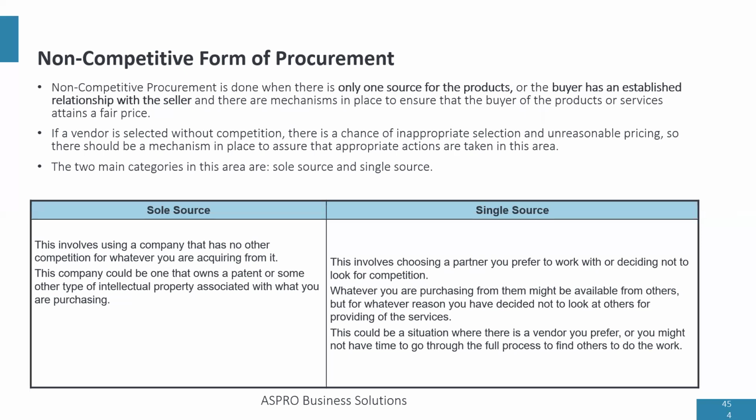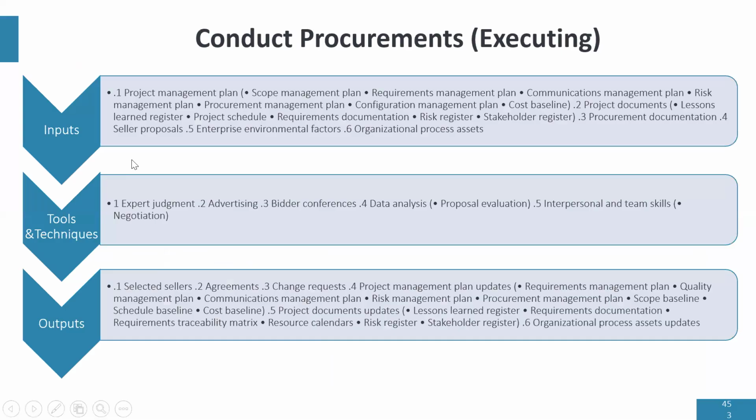Now, if you look at the conduct procurement process, you notice that seller proposals mean that a lot of people are submitting proposals for probably one job. It means that the conduct procurement process is naturally a competitive form of procurement.